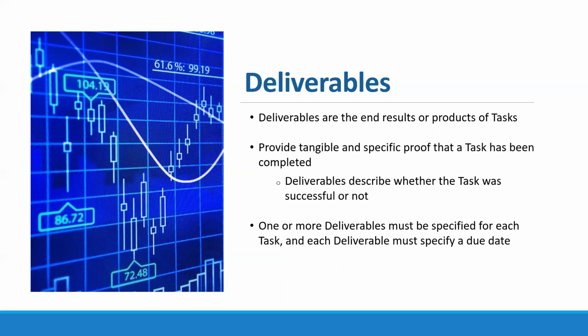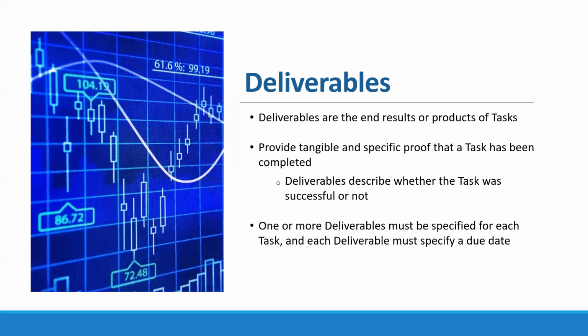This is an important thing to emphasize here: tasks are capable of failing. Myself and many of my colleagues are scientists. We've seen firsthand how tasks can fail. So it's important to keep that in mind, because a deliverable is still going to need to be submitted in cases where a task is not successful.